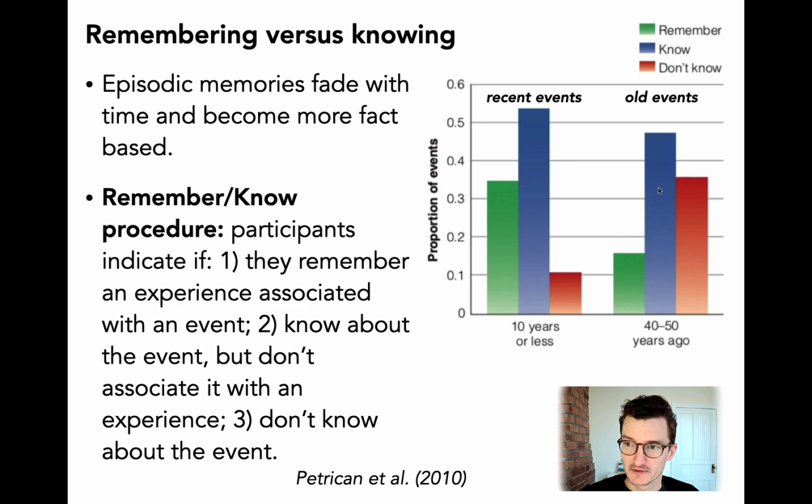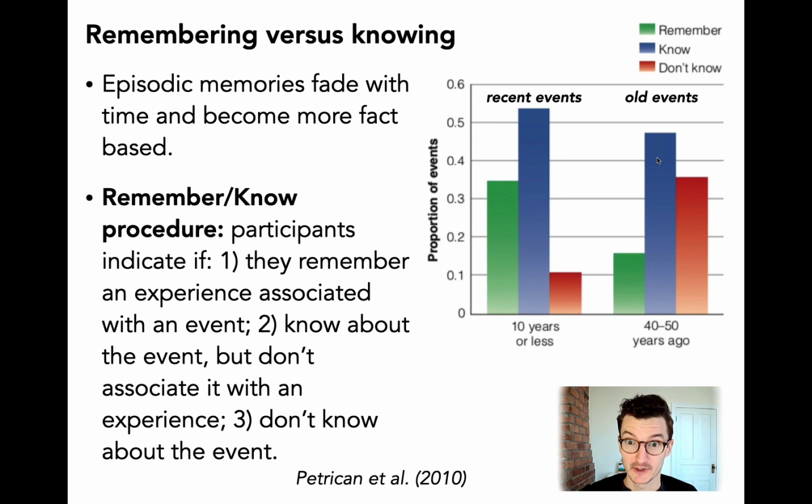They remembered the facts of these older events, but these events that they had surely experienced had lost their episodic character. And so what we see is that as memories age, they move from being episodic to more semantic, to more fact-based.